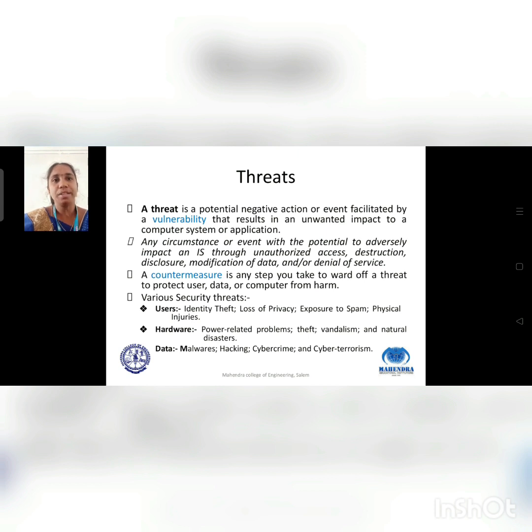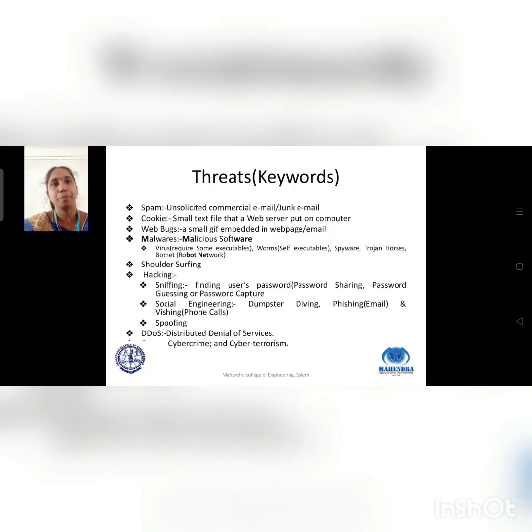Various security threats: users, hardware and data. Users means identity theft and loss of privacy, exposure to spam, physical injuries. And hardware means power related problems, theft and natural disasters. Data means malware problems, hacking problems, cybercrime and cyber terrorism.